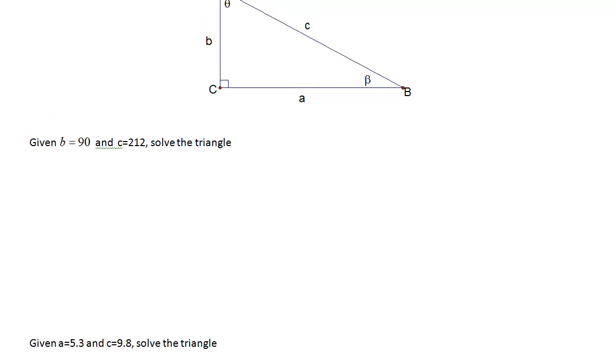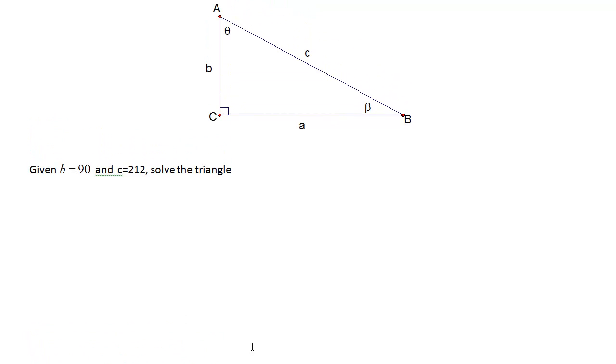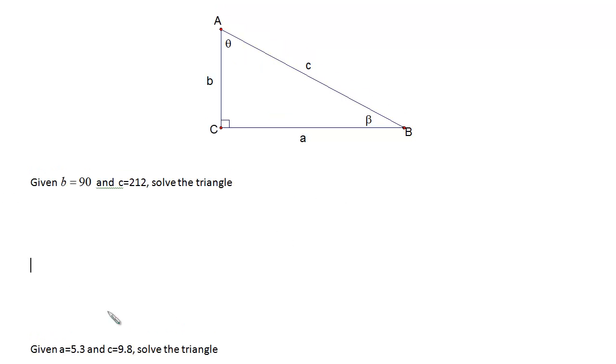So we're going to do a similar setup here, but with new numbers. Let me slide this up just a little bit onto the page. So we'll build this again. So in this case, A is 5.3 and C is 9.8.